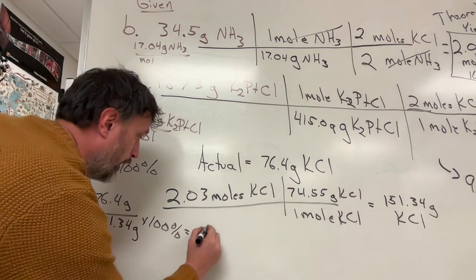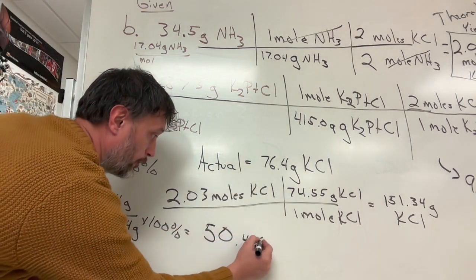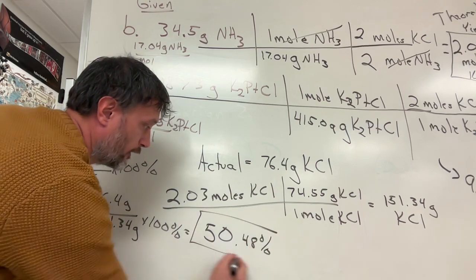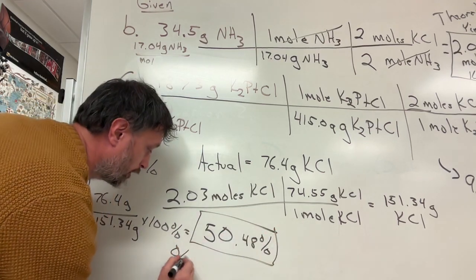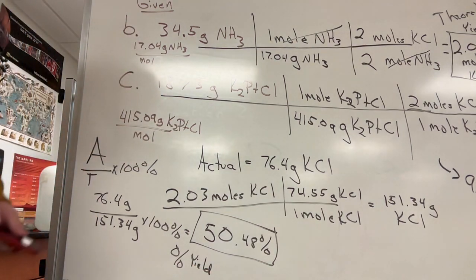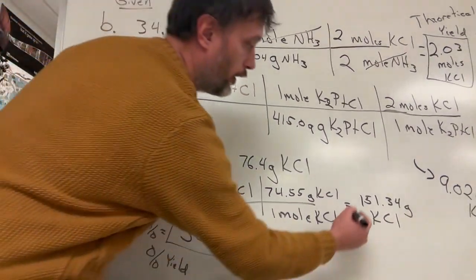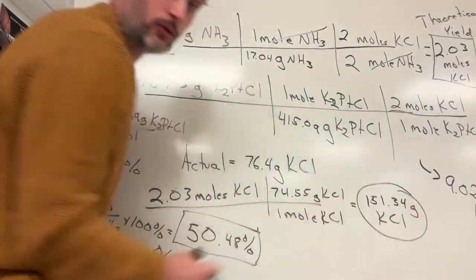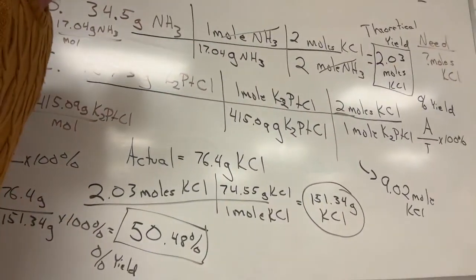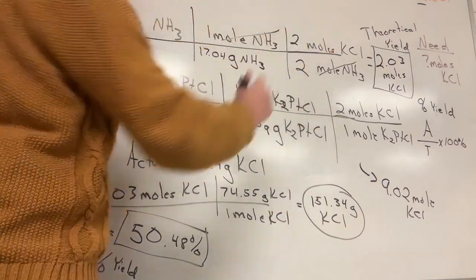So that tells me I only got 50.48% of what I thought I would get. So this is my percent yield. The 2.03 was my theoretical, or this could be my theoretical depending on which unit I want, right? It could be the grams, it could be the moles up here.